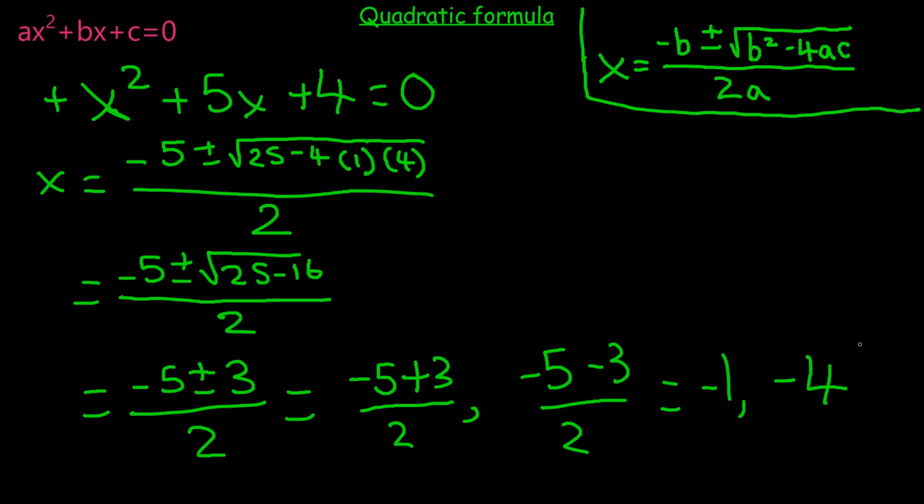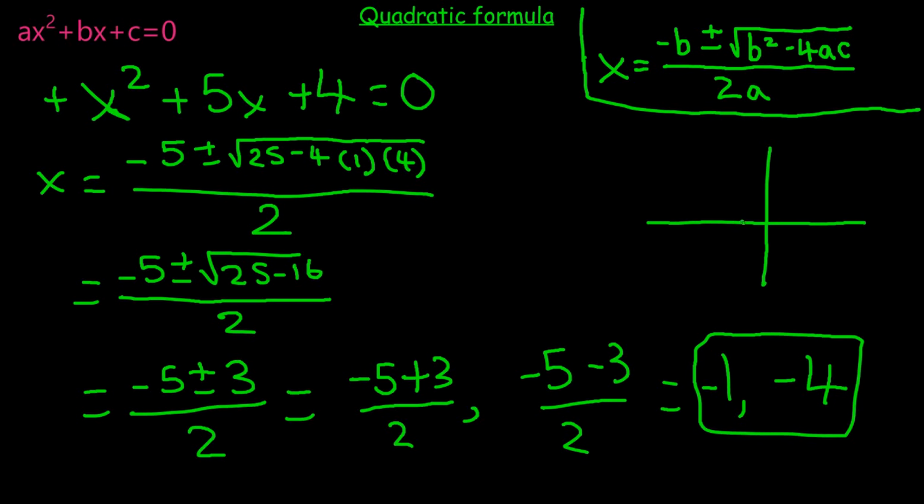So these are our two solutions. x is equal to -1 and -4. So 1 here and 1 here. And don't forget that this was originally negative. So this is an inverted parabola. It's n-shaped when it's negative.